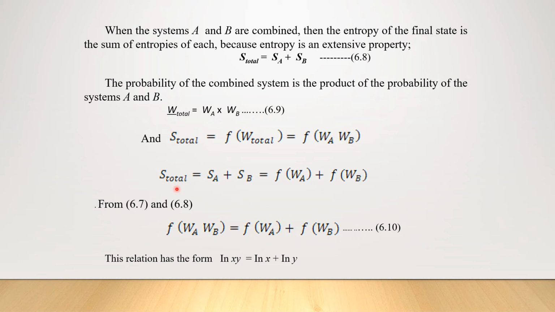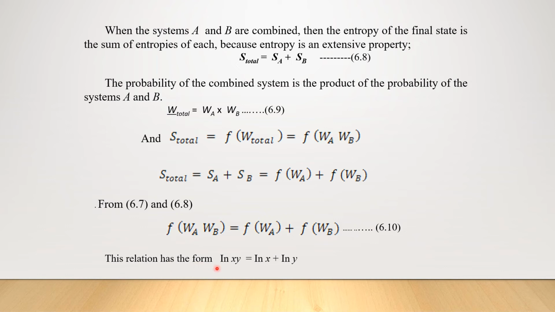Now the total entropy is equal to SA plus SB, so we have to write F of WA plus F of WB. So from equation 6.7 and this equation 6.8, we can write the function of WA into WB is given by the individual functions F of WA plus F of WB.